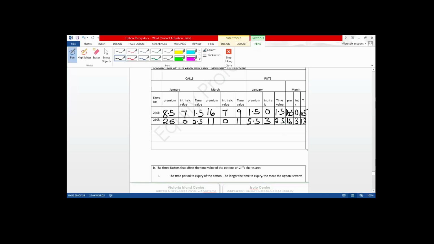You are done with requirement A. You have calculated intrinsic value as well as the time value.